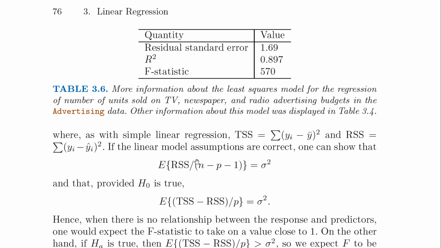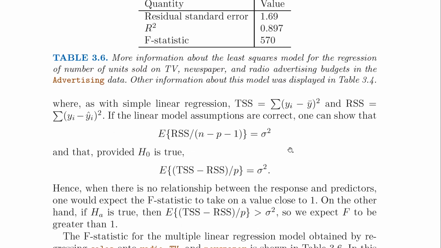If the linear model assumptions are correct, one can show that, and I think this E means the expectation, what you would expect, so pick a random data set, and on average, you would expect that dividing the RSS by this denominator is equal to sigma squared.